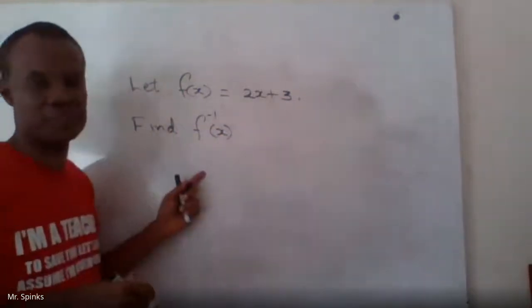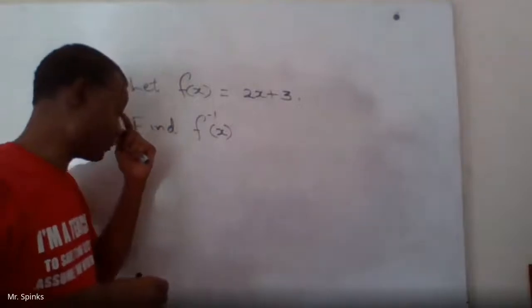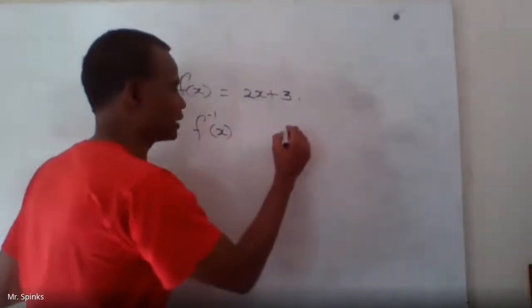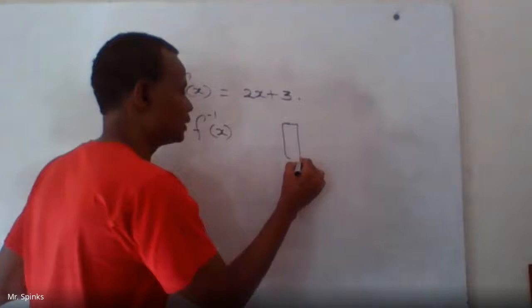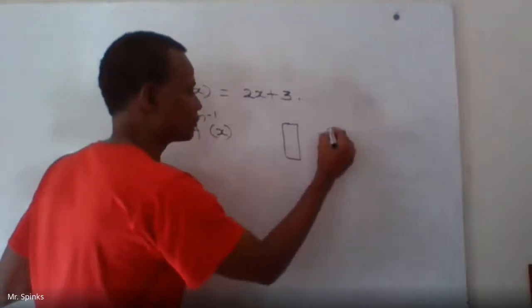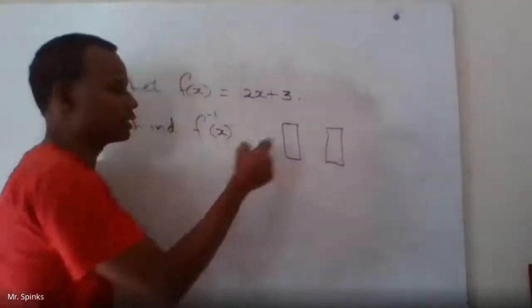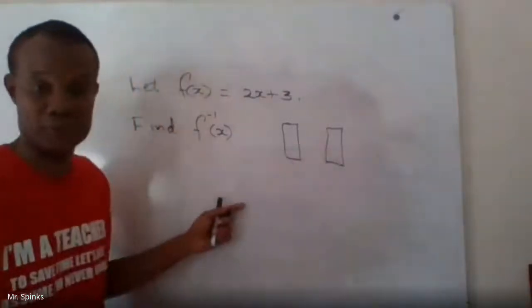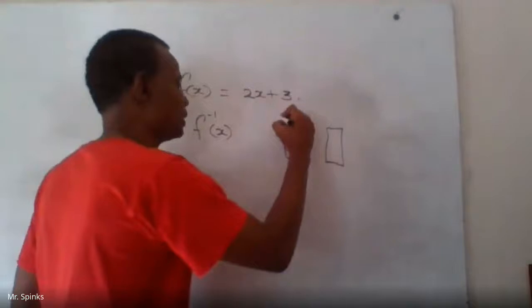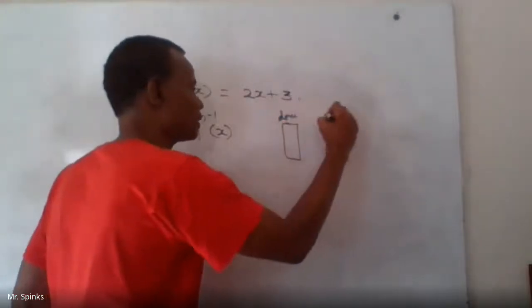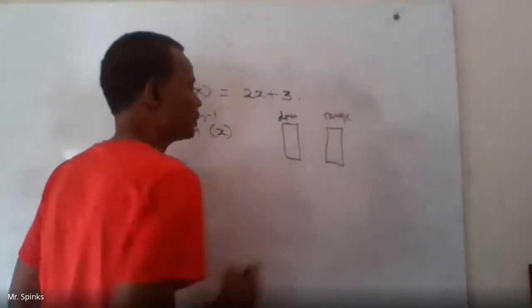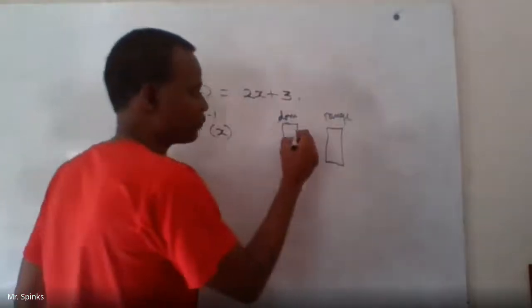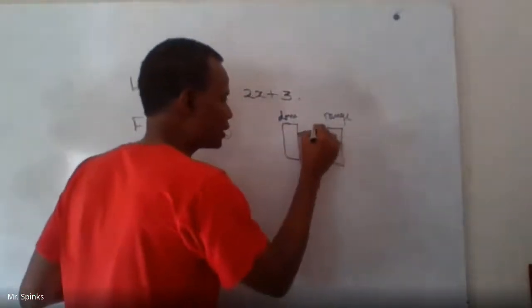Now, what does f inverse of x do really? If you look at this kind of diagram here, where this is domain values and this is range values, I'm assuming that you're familiar with that. So f will function this way.